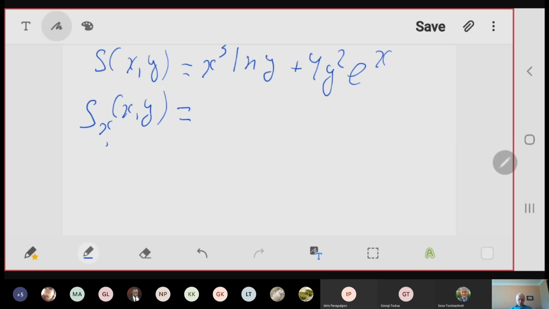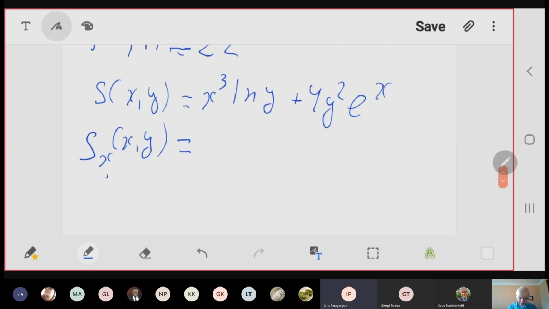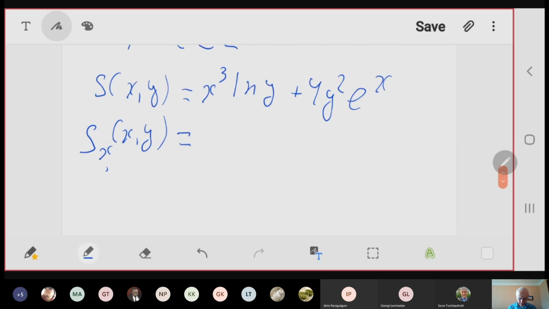Okay, what is the derivative of x cube ln y? Who has a great idea? It will be 3x square ln y. Yes, I agree with Georgi.